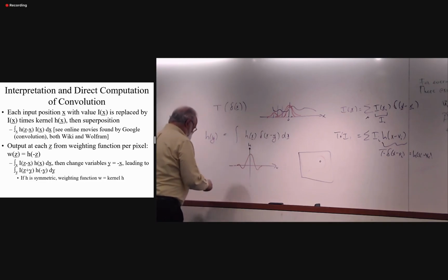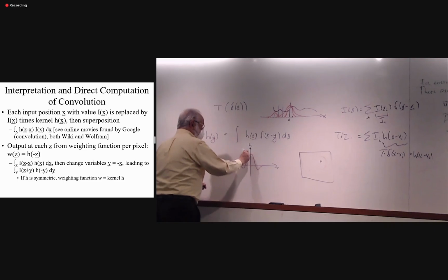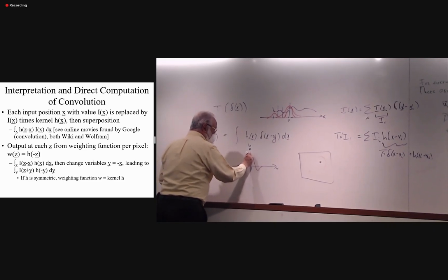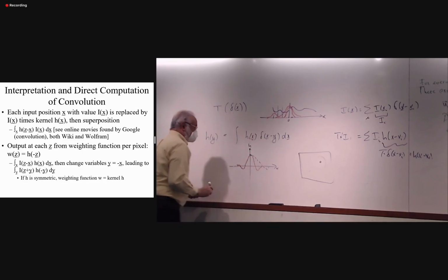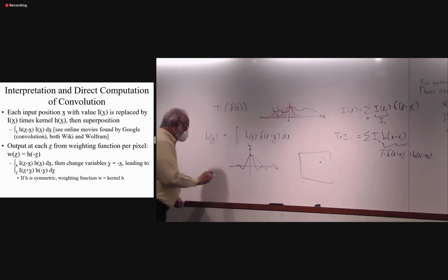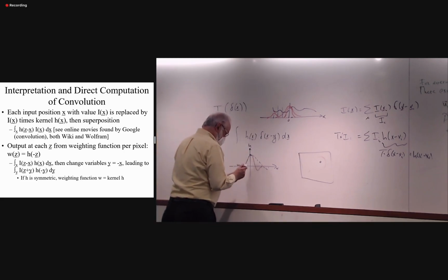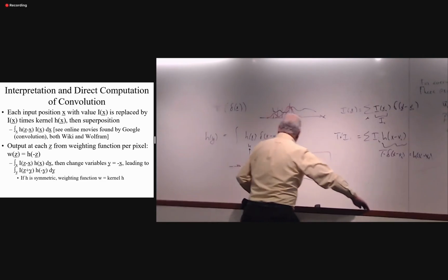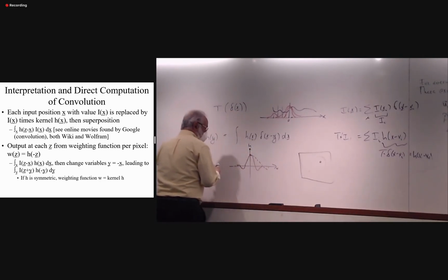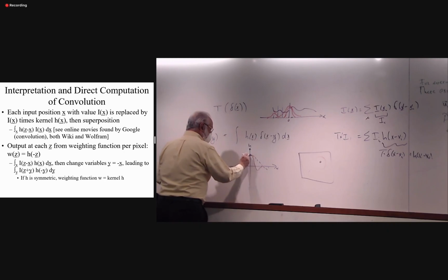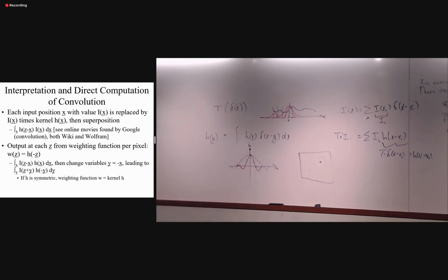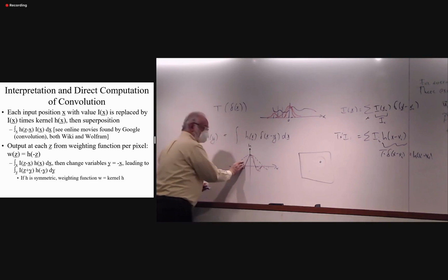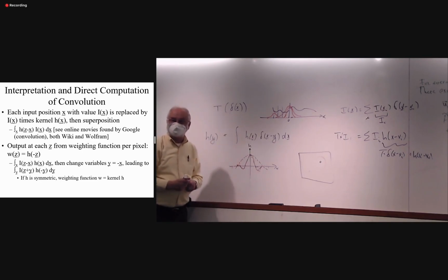But if, on the other hand, I had an impulse response function that was not symmetric, then its reflection would be, if it was wider on the right, now it's wider on the left, right?